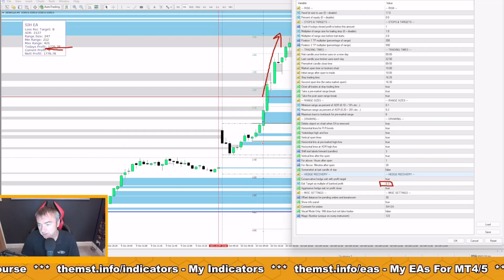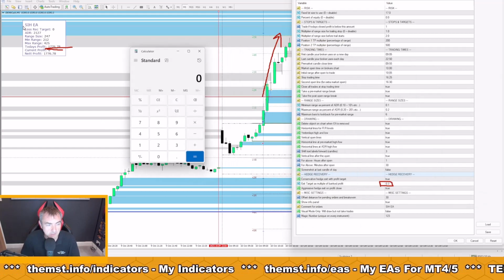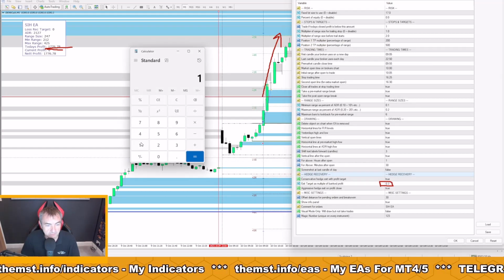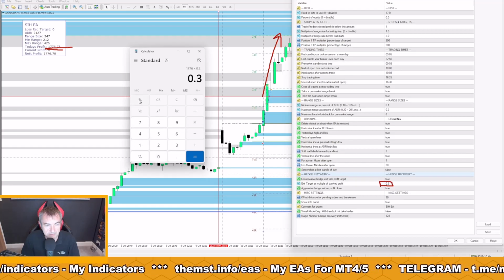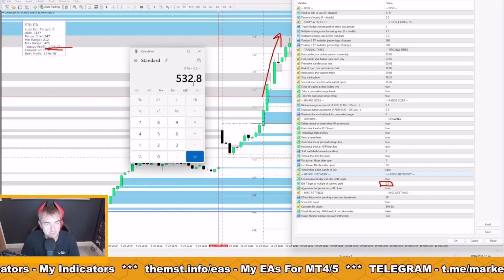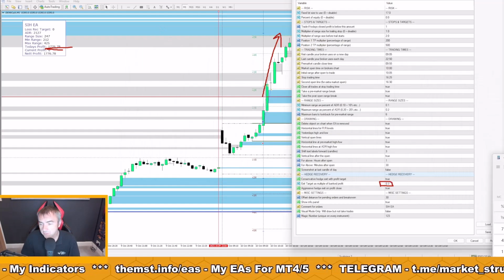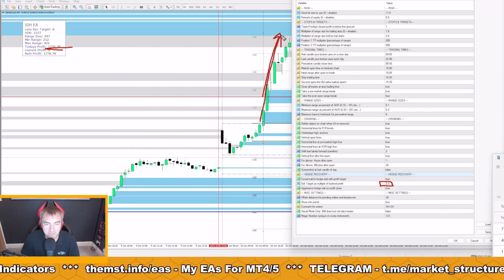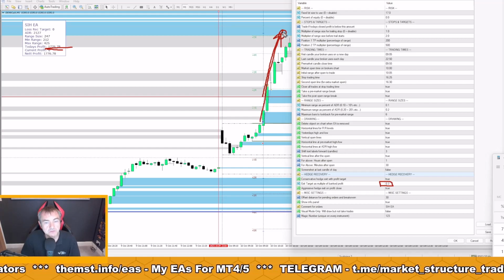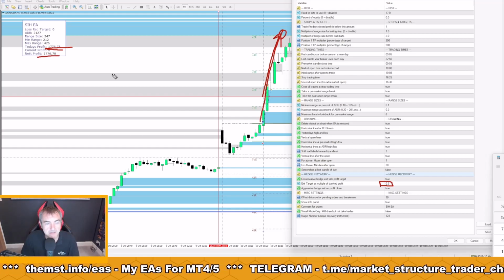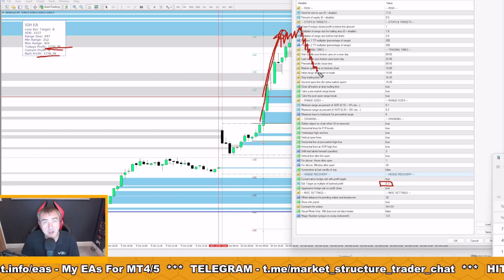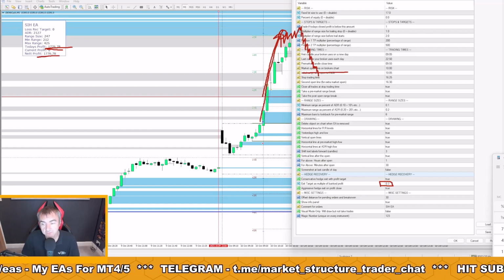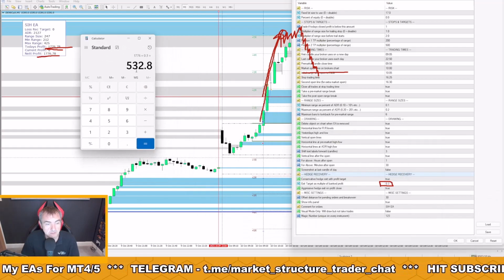If we grab our calculator, 1776 is our profit times 30% is 532. So when price hits our take profit, the EA will monitor our net P&L, hoping that price will drop enough that it can get us to 532 in profit.